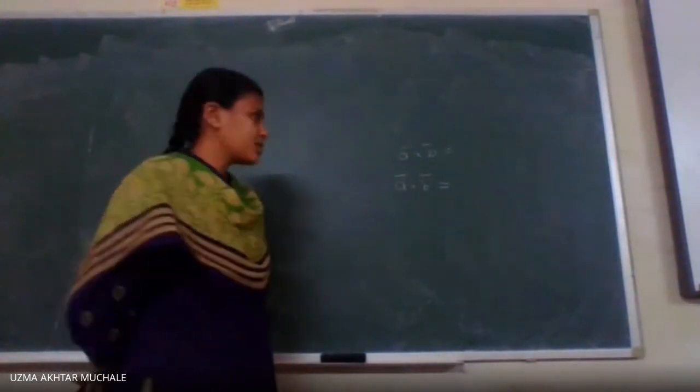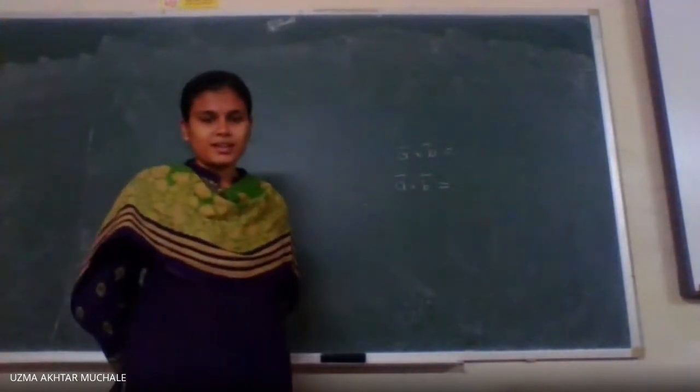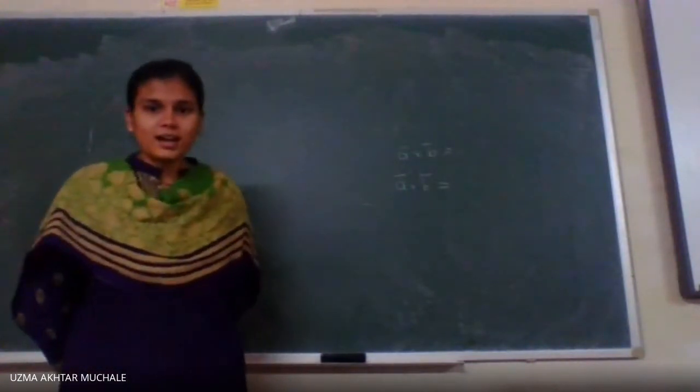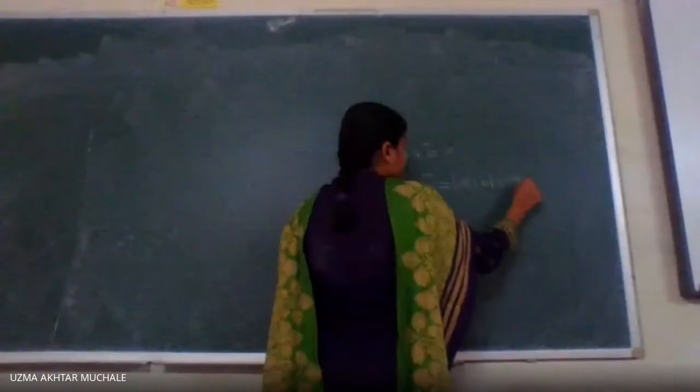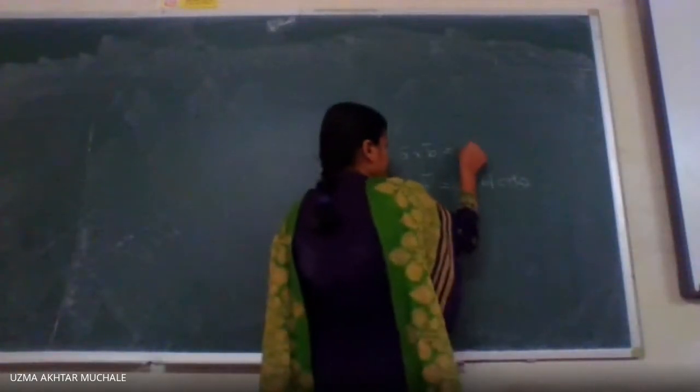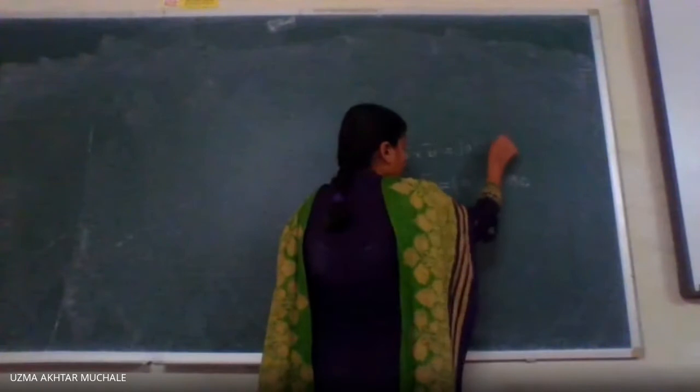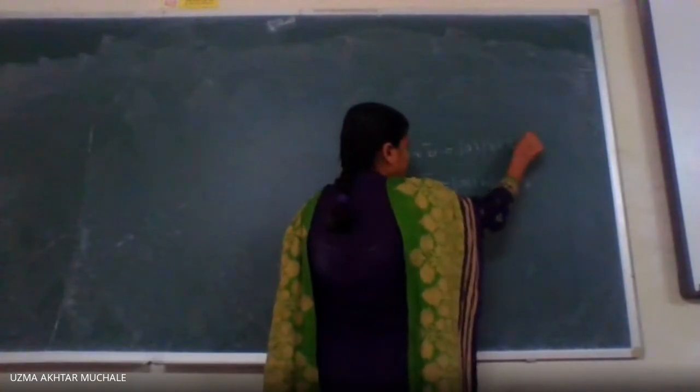For dot product it is mod A mod B cos theta. And for cross product it is mod A mod B sin theta. Correct? बरोबर आहे का? Yes, ma'am.